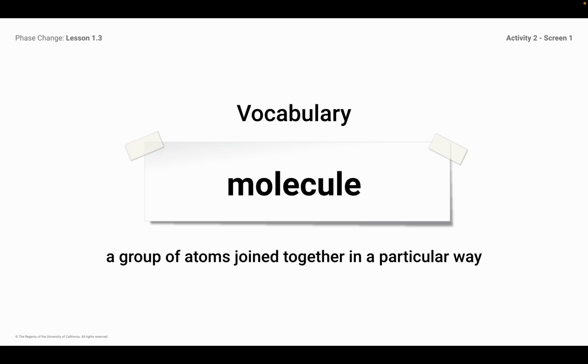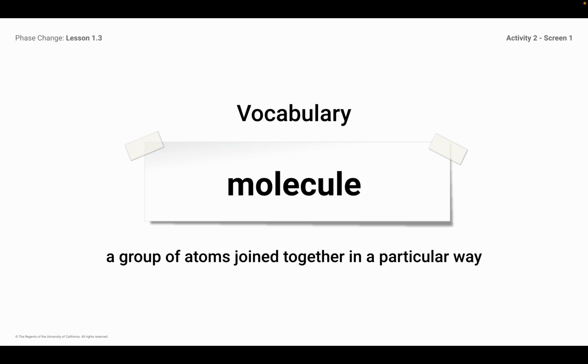If I wanted to talk about table salt, it's sodium and chlorine. That's not right. Sodium chloride. Sodium and chlorine that are stuck together, one sodium, one chlorine, stuck together the same way over and over again, together make salt, table salt. And so that would be a molecule of table salt or a molecule of water.